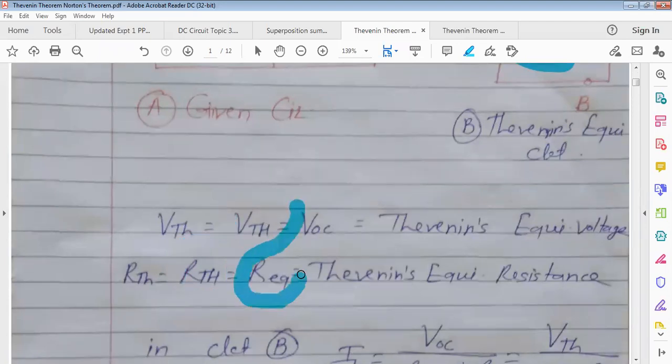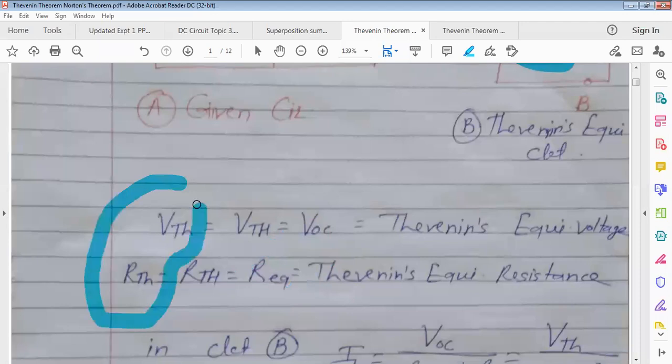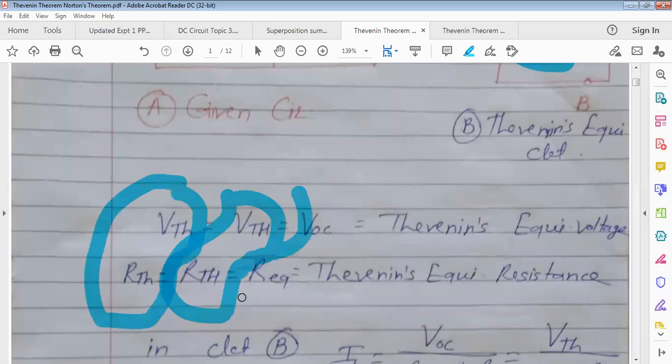In some books, they use VOC for Thevenin's equivalent voltage, and then Thevenin's equivalent resistance is marked with the symbol R equivalent. Okay, is this clear? Out of these three, any one you can use. One and the same. Got it? Any combination you use.